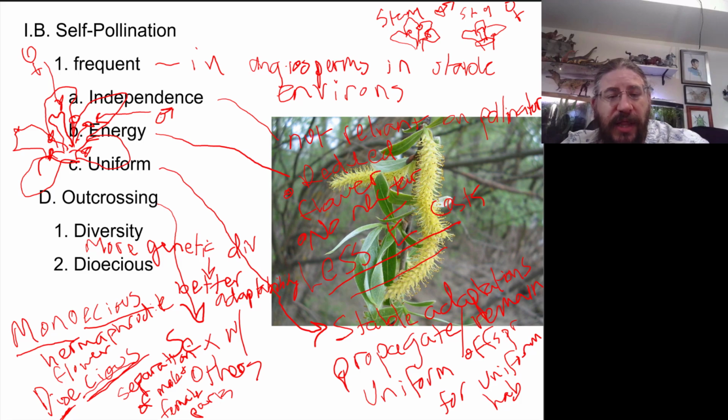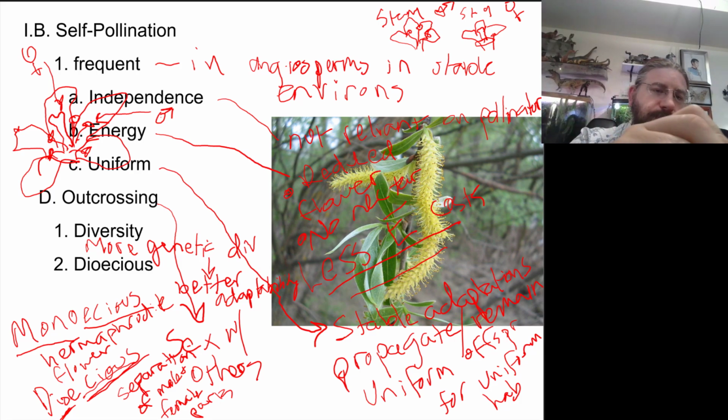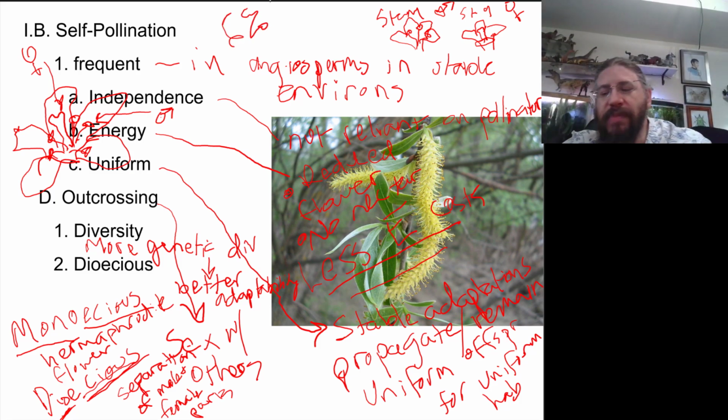Only the female cottonwoods got that. So both of those are dioecious, having separate male and female flowers versus having completely separate sexes of plants. So dioecious is rare. 6% of flowering plants are dioecious.